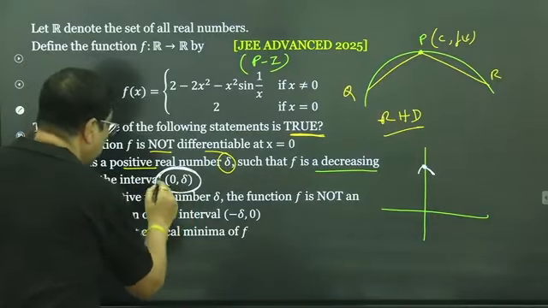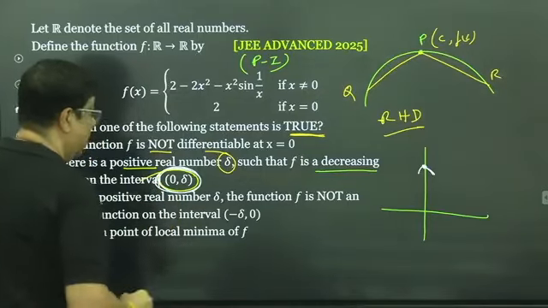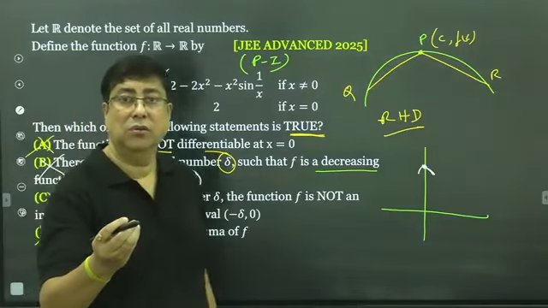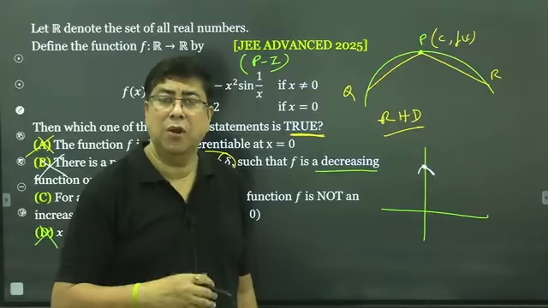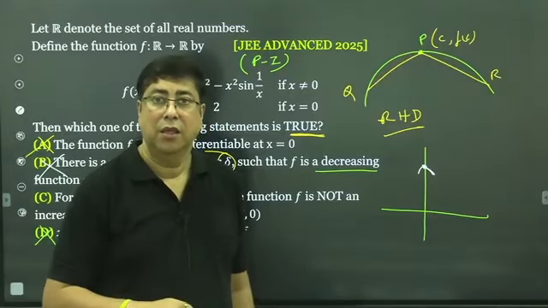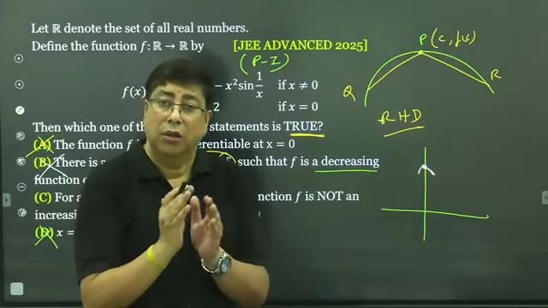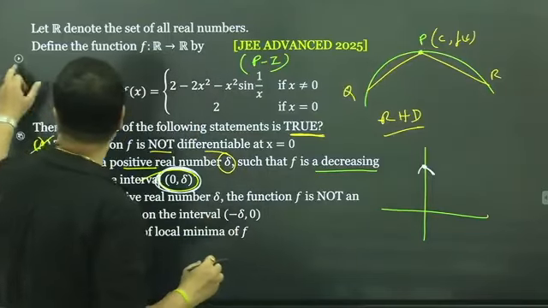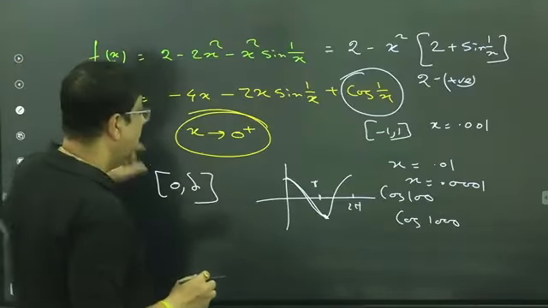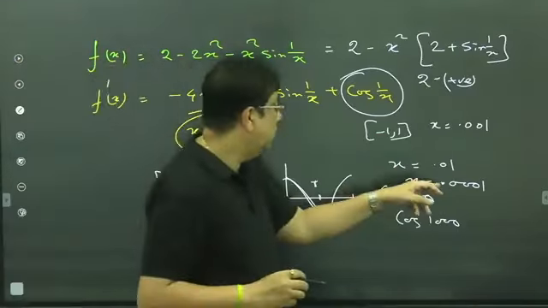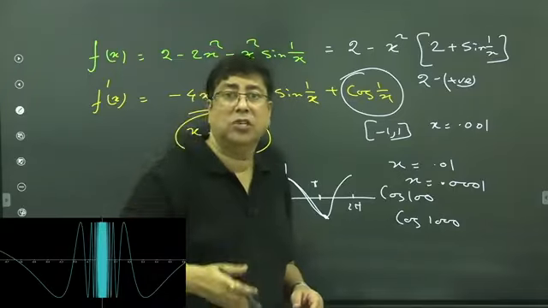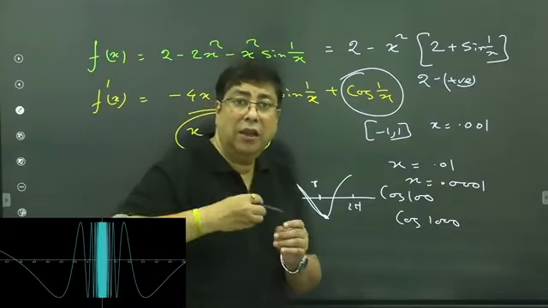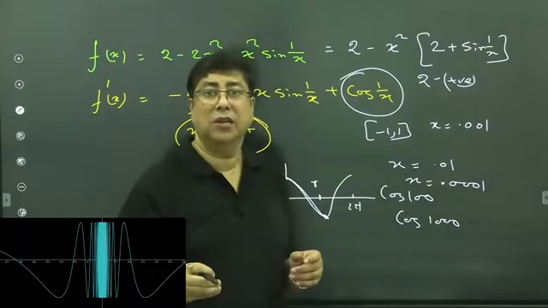So in this interval 0 to delta after 0, there is no chance at all of including 0 here. And whatever may be the value, x equal to 0.1, 0.2, x equal to 0.01, as we are getting more and more nearer to the value of zero, there is so much fluctuation of the cos. Sometimes it is increasing, after some time it is decreasing.